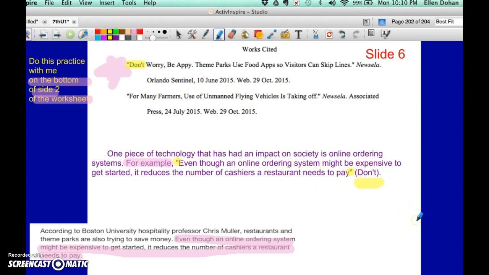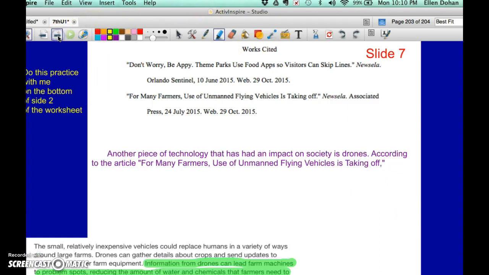What I want you to do now to practice is I want you to look at this second topic sentence, second introductory transition, and I want you to look at this piece of evidence.